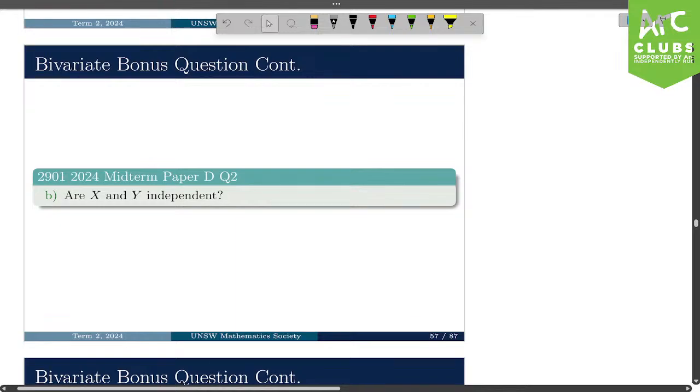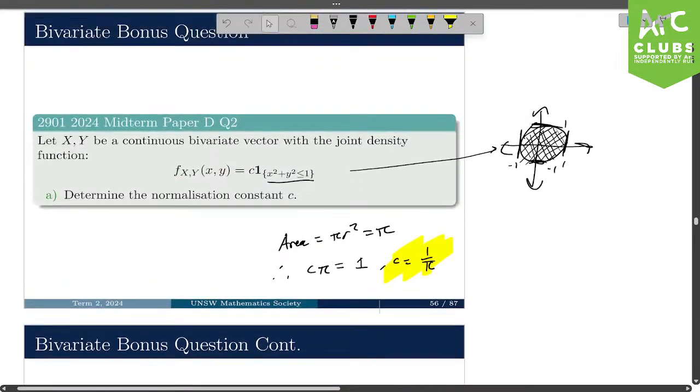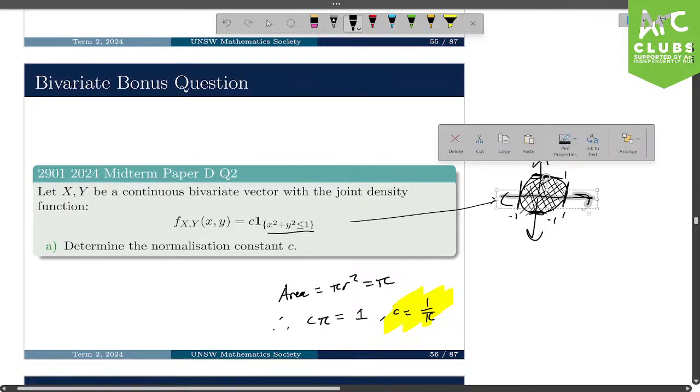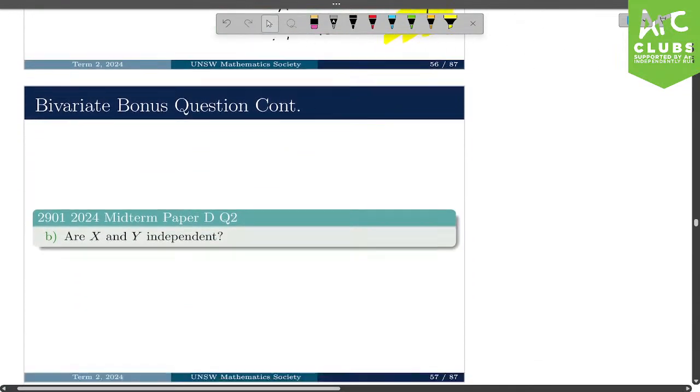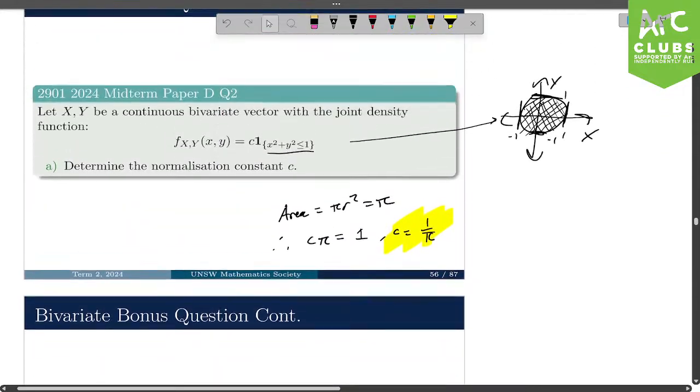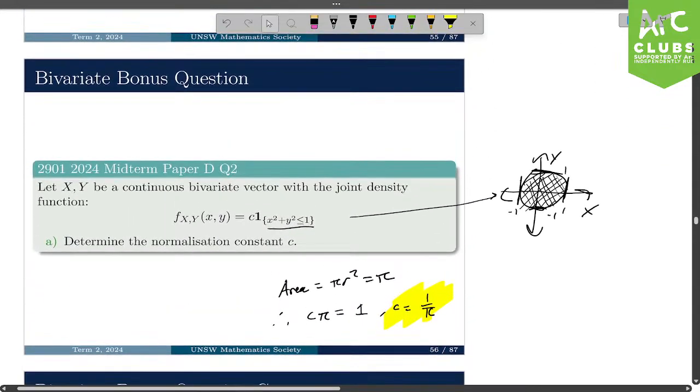Fantastic. Next, are x and y independent? Well, we can think about this very intuitively, right? We have x and we have y as our variables, denoting the x and y axes. When I look at it, I ask: if x is over here, can I get a y that is up here?